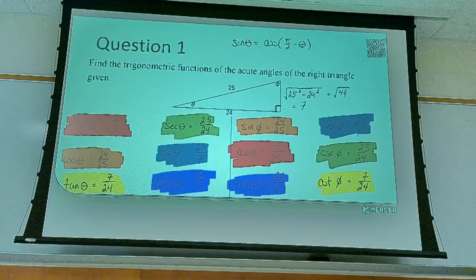Once you calculate sine of theta, you now automatically know cosine of phi. They're the same. So once you calculate all the thetas, you know the phis using the cofunction identities. We did it out here to verify those cofunction identities.